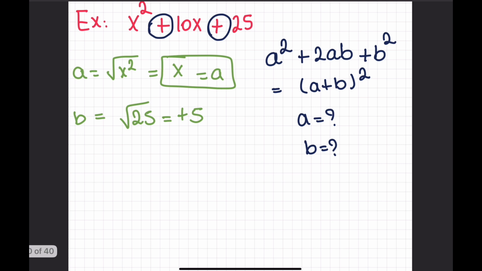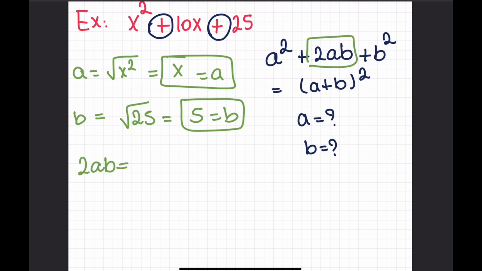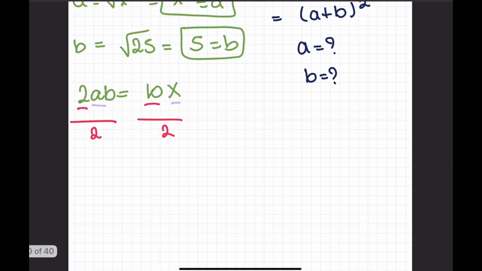Then, just to make sure, I'm going to check the middle term, the 2ab. I know 2ab equals 10x. I'm going to divide both sides by 2 because I'm looking for ab.